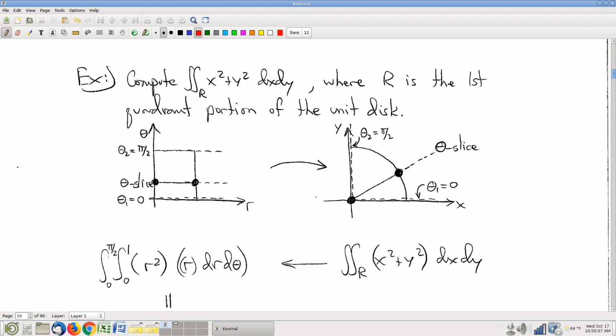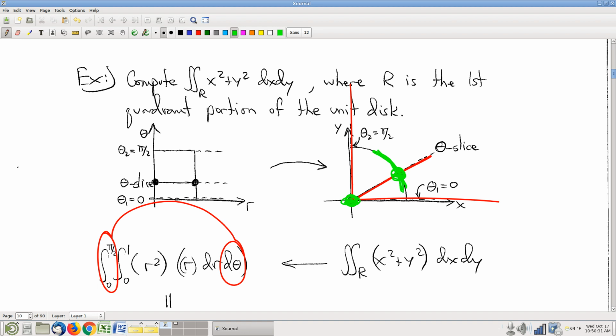Okay, so in doing this pullback, theta goes from 0 to pi over 2. Now, for a given theta slice, what's the range of values of r? Well, r starts there at 0. R ends there at, okay, wait a second. What is that point? That point is on this curve.